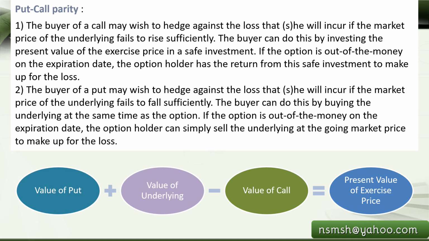So if he has a put option, he will have an underlying asset also, keep it ready for that. If the option is out of the money on the expiration date, the option holder can simply sell the underlying asset at the going market price to make up for the loss. So instead of relying on the market, he will hold the actual underlying asset as security against his put option, for any loss if the situation comes out of the money. So that is the idea.